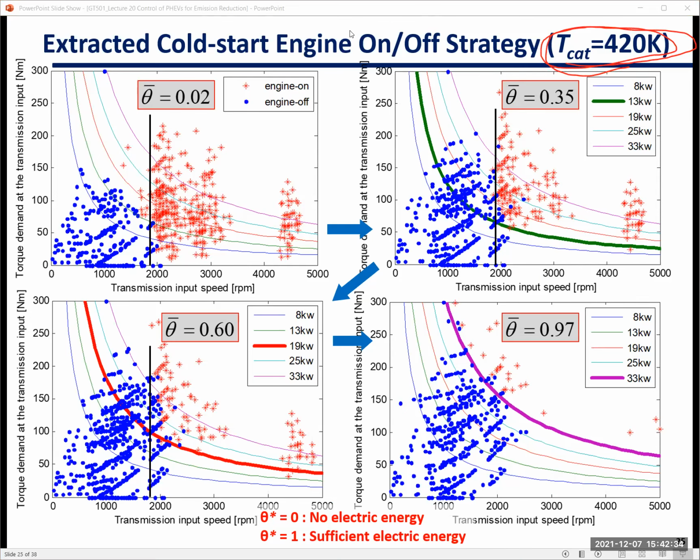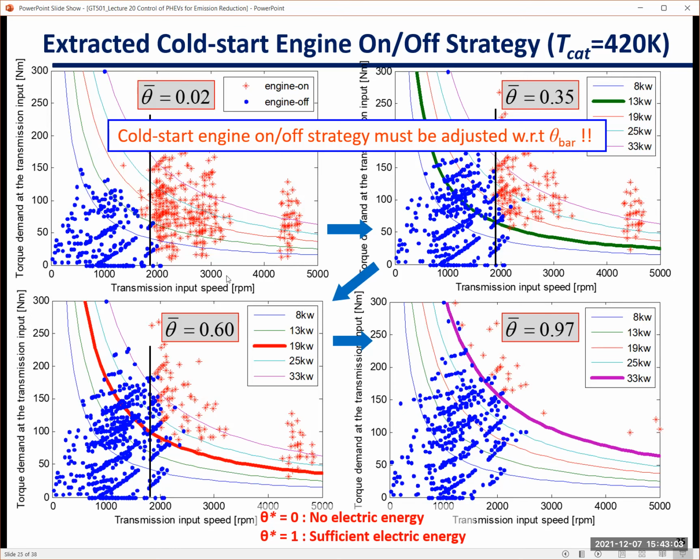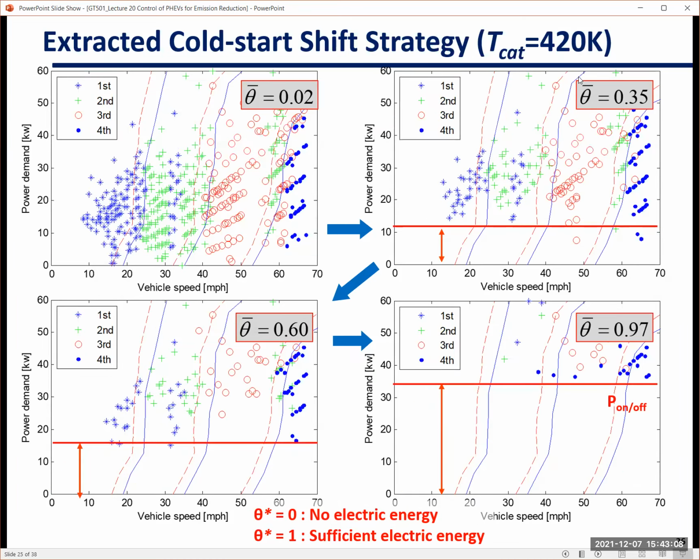So you're looking at how control strategy changes when converter is cold. Okay. So what this tells us is that when converter and engine are cold, we should use different control strategy. So this is different from the hot strategy. Please take a look on your own.